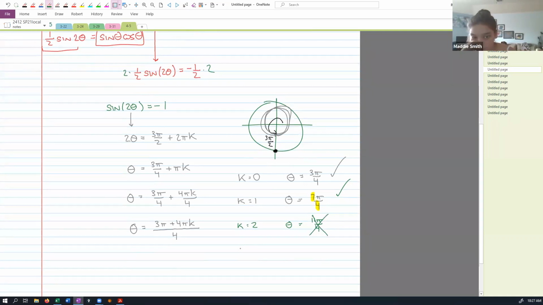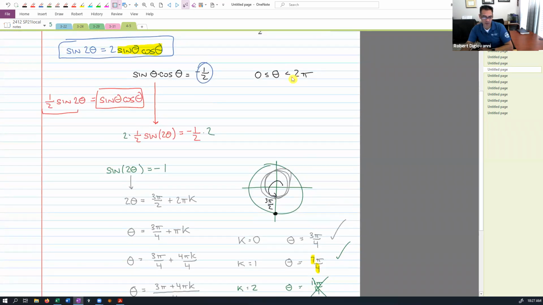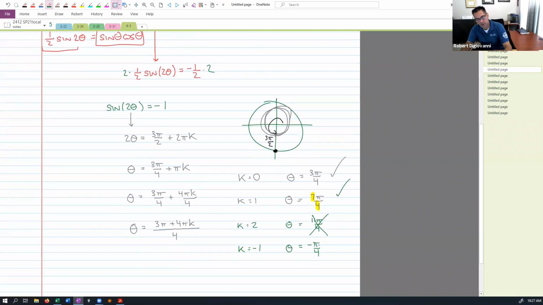And I could try a negative value for k, but you'll see if I plug in a negative value, you're going to get negative pi over 4, and that is not within 0 to 2 pi because it's negative and 0 to 2 pi is positive. So we have 2 solutions. Those are your 2 solutions.